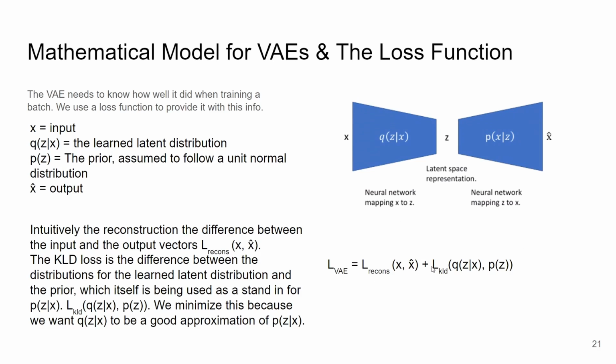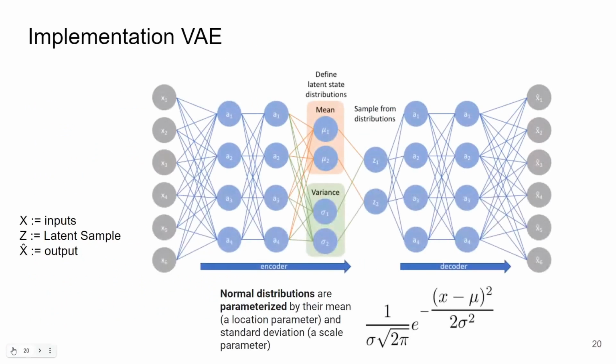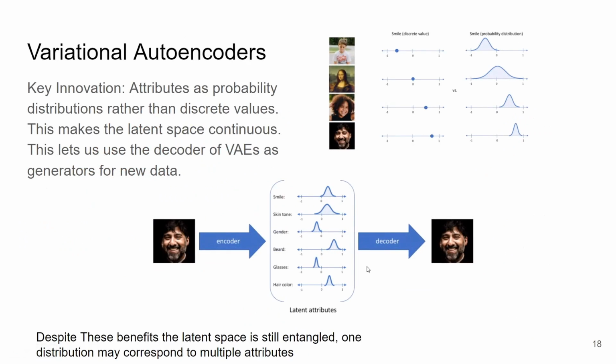But now we have this other thing, this KLD loss term. It's the Kullback-Leibler divergence, which I'm not going to be able to pronounce. Essentially, all this term does is measure the difference between two different probability distributions. When we think about probability distributions, we're talking about just our normal bell curves.